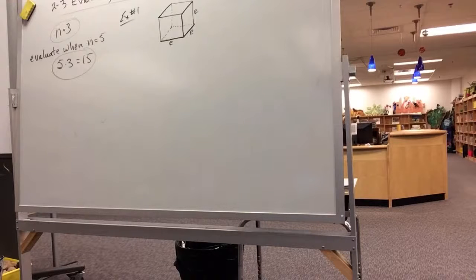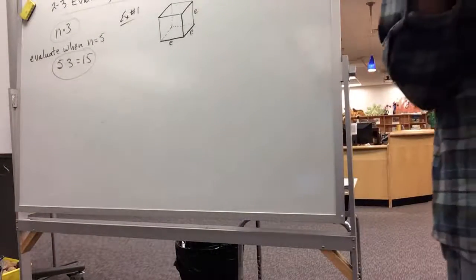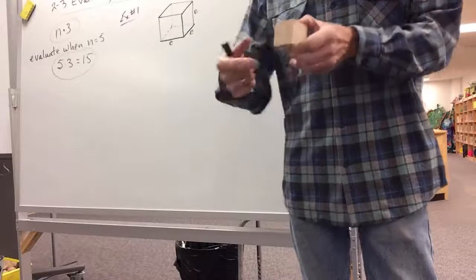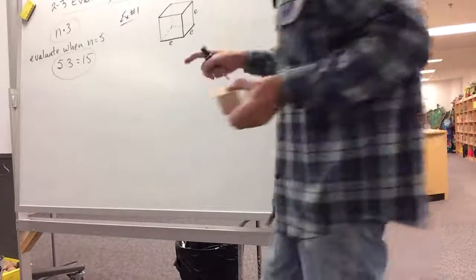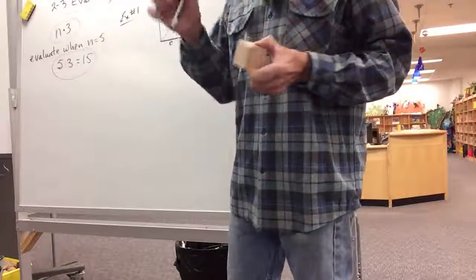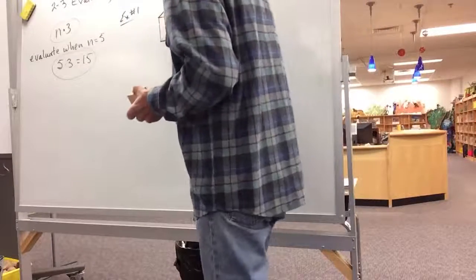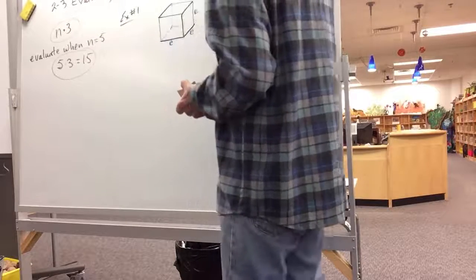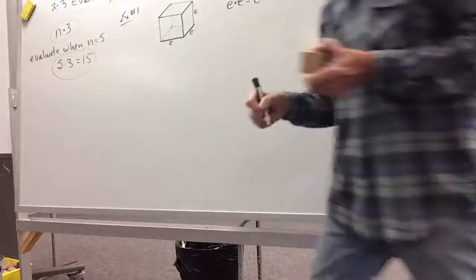And then the surface area is all 6 sides. So you've got 6 sides of this cube. And on one side, it's e wide and e tall, so that's e times e. So one surface like this, the area is e multiplied by e, which is e squared.